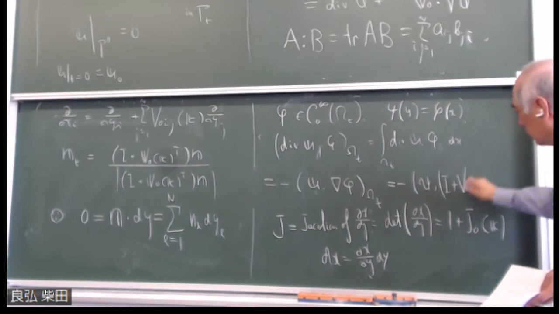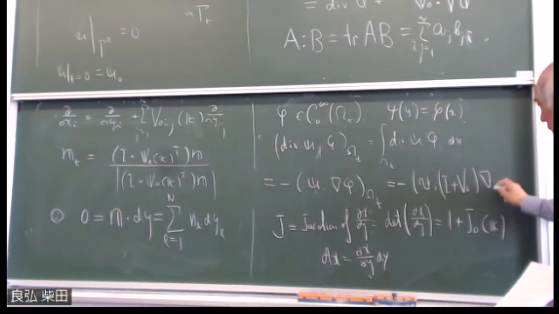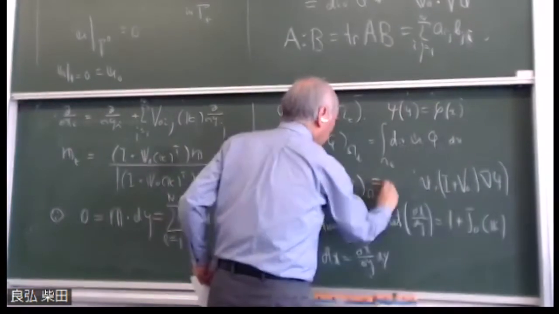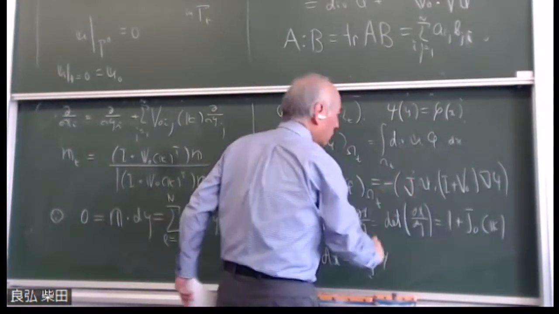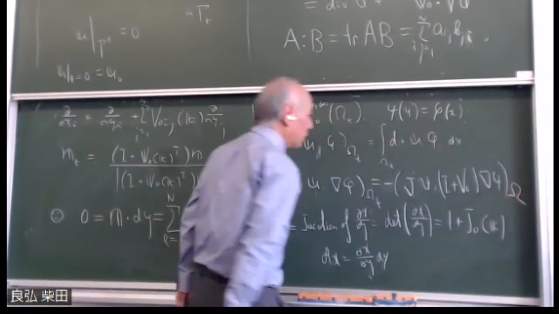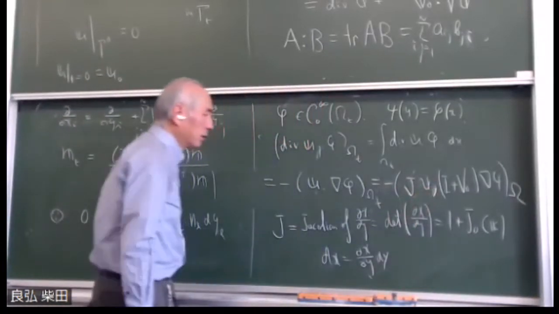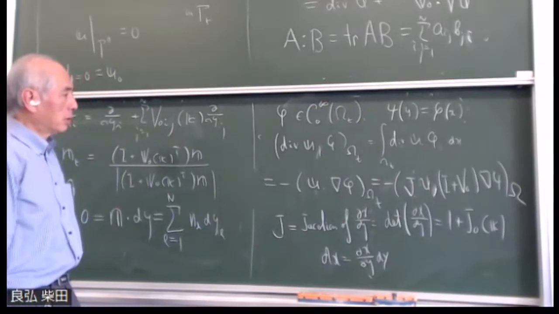Okay. Then nabla y psi. And then where I should write the Jacobian. Sorry, maybe Jacobian here, on omega, the change of variables.